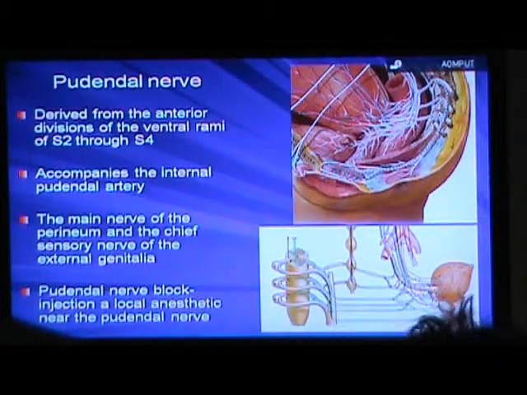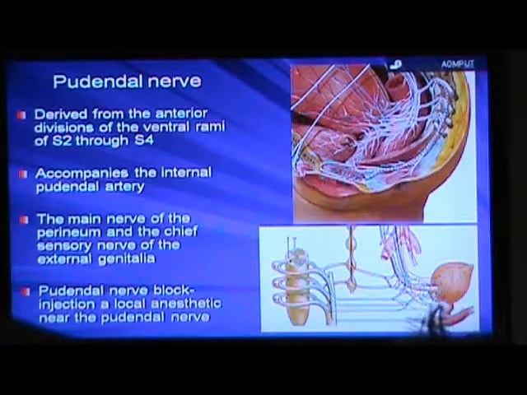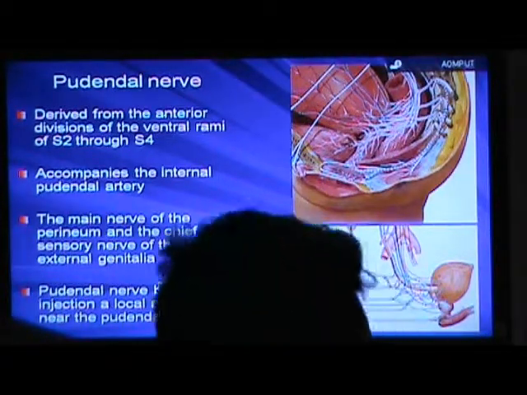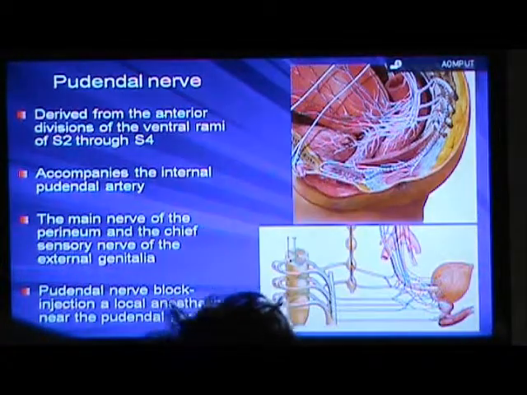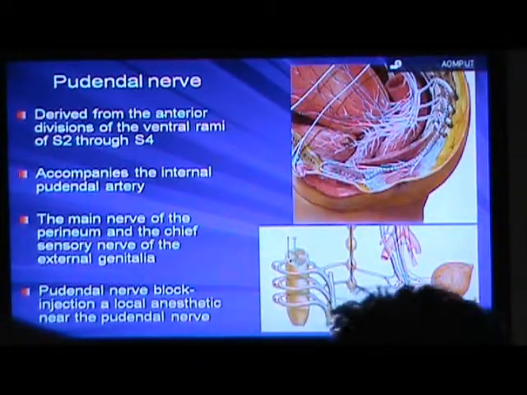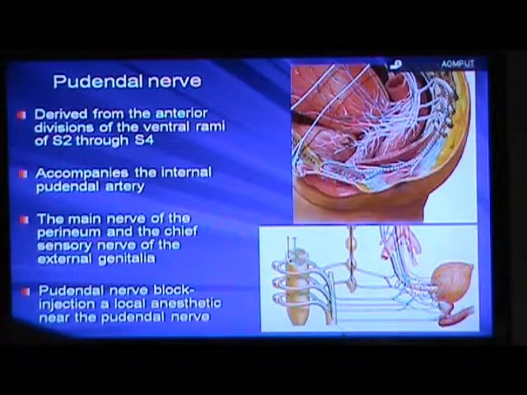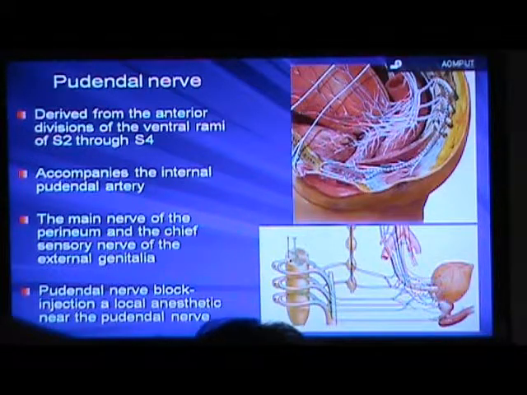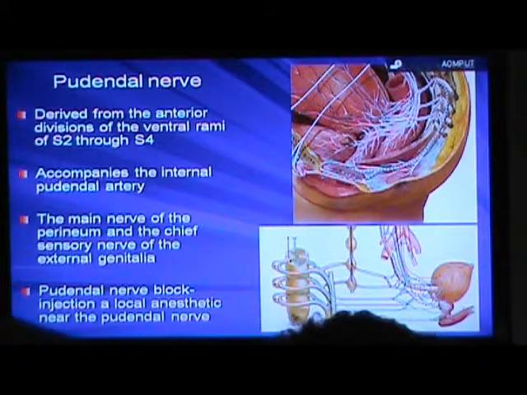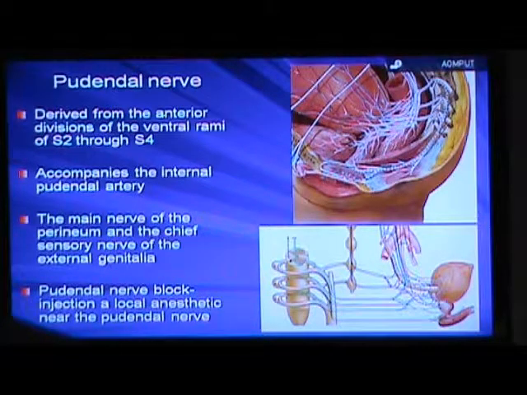The pudendal nerve is derived from the anterior divisions of the ventral rami of S2, S3, and S4. So look, this is this green color, and it accompanies the internal pudendal artery and of course the vein. The pudendal nerve is the main nerve of the perineum and the chief sensory nerve of the external genitalia.